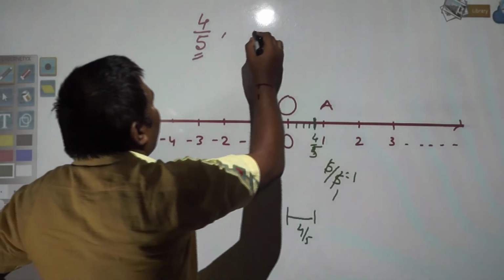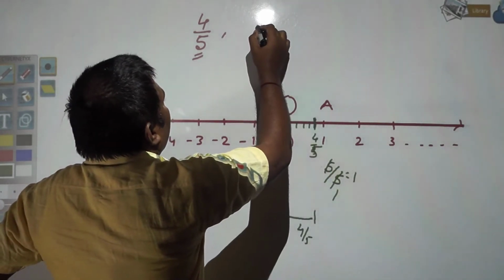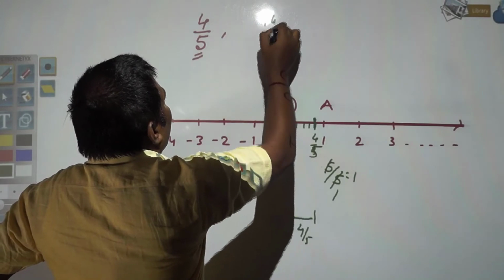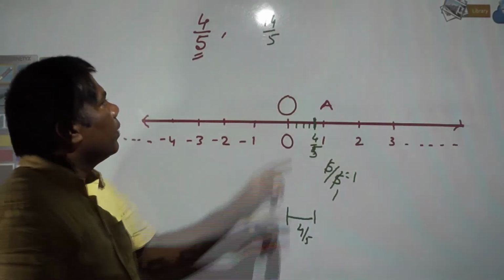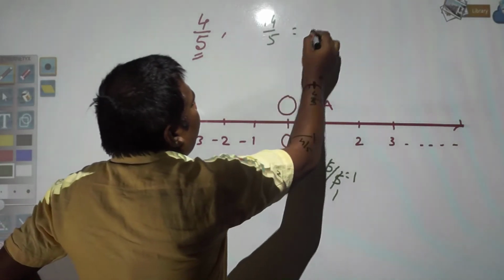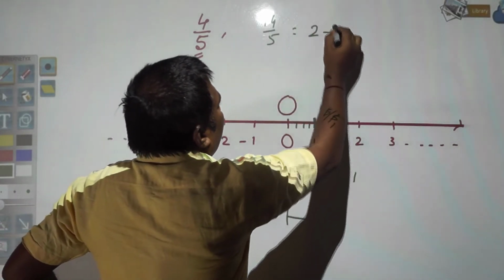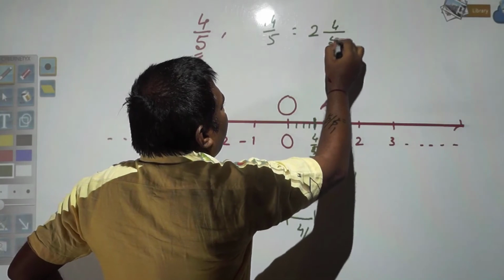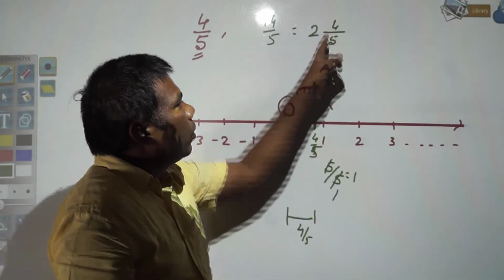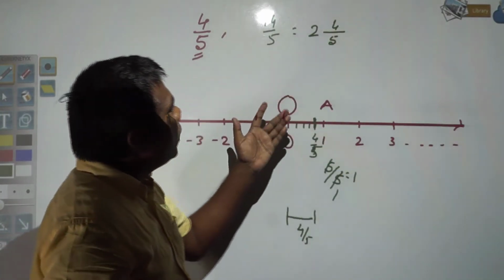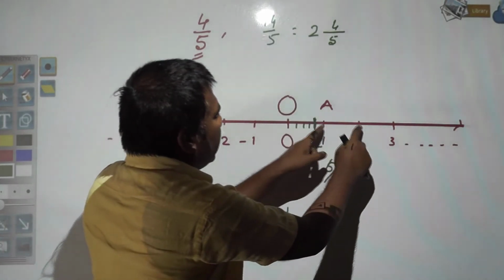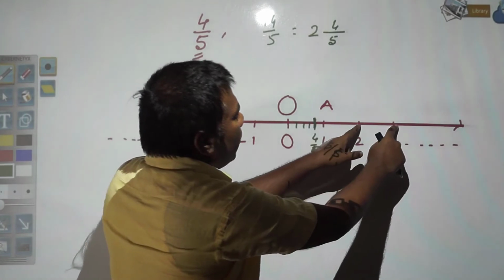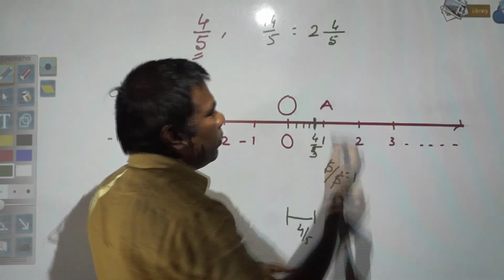Suppose you have any number, 14 by 5, suppose. 14 by 5. What we will do? You divide this: 5 to the 10, 4 by 5. 2 whole 4 by 5. Now what we will do? 2 whole you have. So this is 1 and then 2. And in this third portion you need to show 4 by 5.